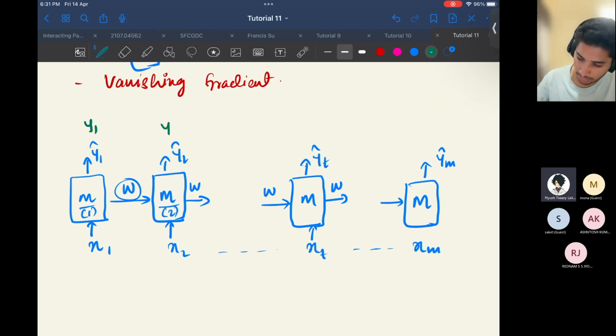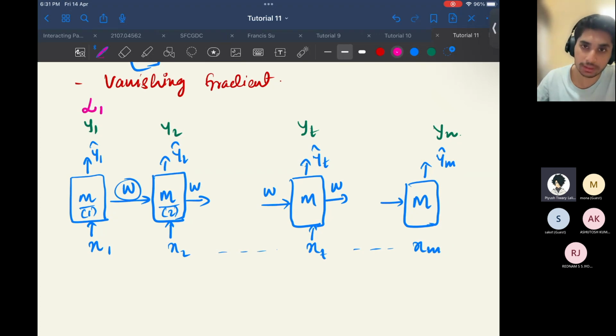That is y1, y2, yt, and ym in general. The letters in green are the actual outputs, whereas the letters in blue are the predicted outputs. Using these two things, I hope you will agree that I can calculate my loss function.